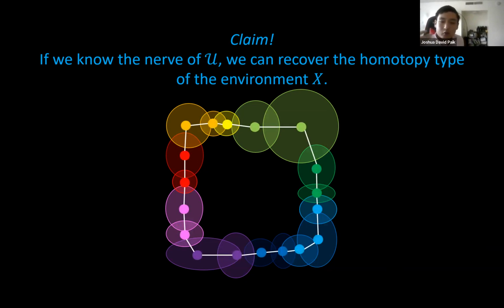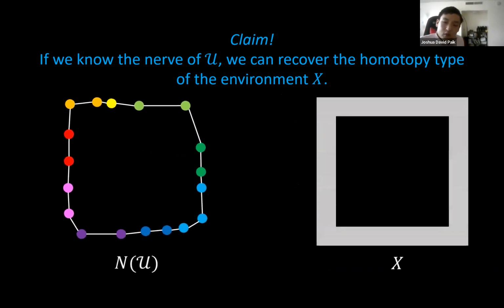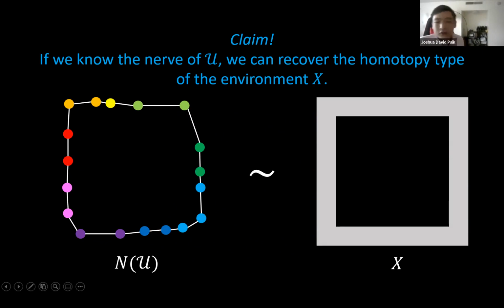And again, that just works by associating a vertex to every place field, and then drawing an edge if they intersect, and filling in. So now we take the nerve, and what we'll see is the nerve of the cover and the original space X are basically the same. There's a big hole here, there's a big hole here, right? So that's kind of nice.